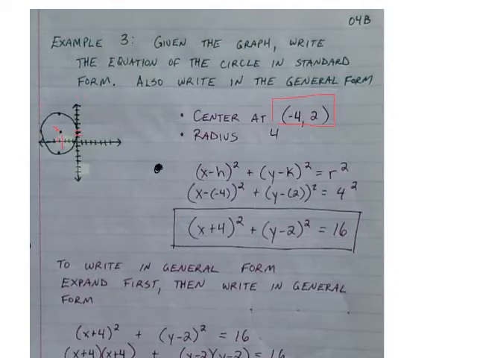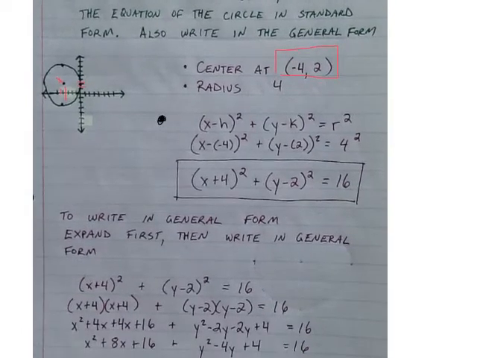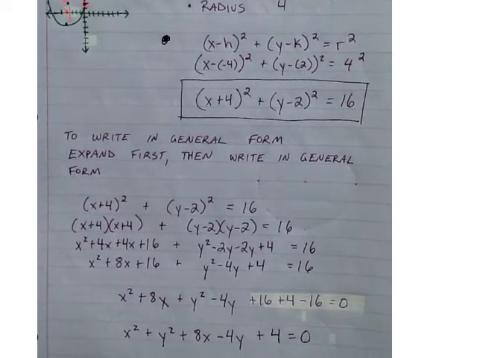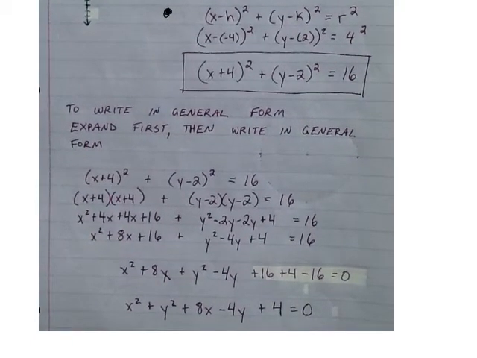If we want to write this in general form, it's more or less just a process of expanding and then combining your like terms and moving everything around so that it fits the general form. So here's our equation as written above, and in the first step I expanded, so (x plus 4) squared became (x plus 4) times (x plus 4), and then I used the distributive property.